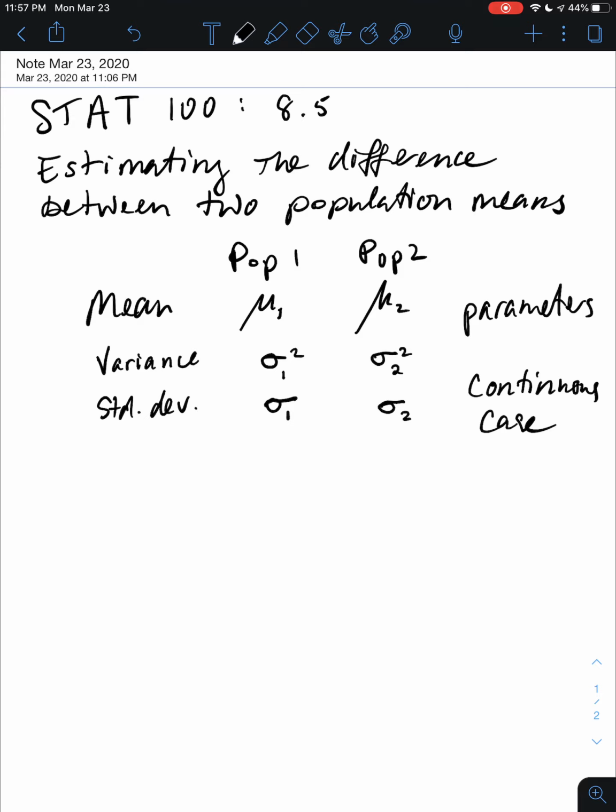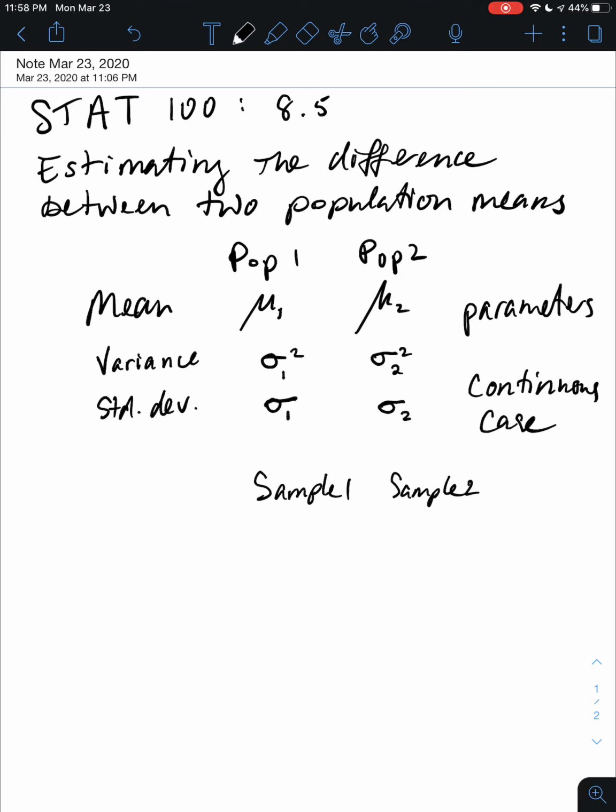And we also have, of course, we can take a sample from each population, and that gives us statistics. So we have population 1, we can take a sample from it, sample 1. And population 2 has sample 2.